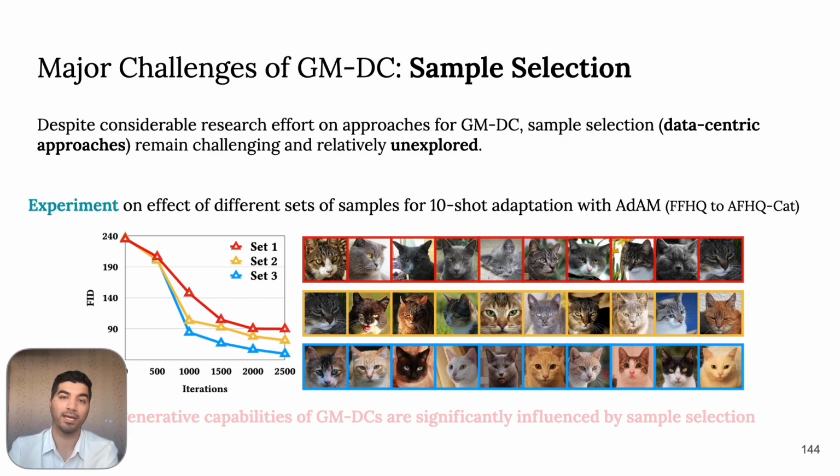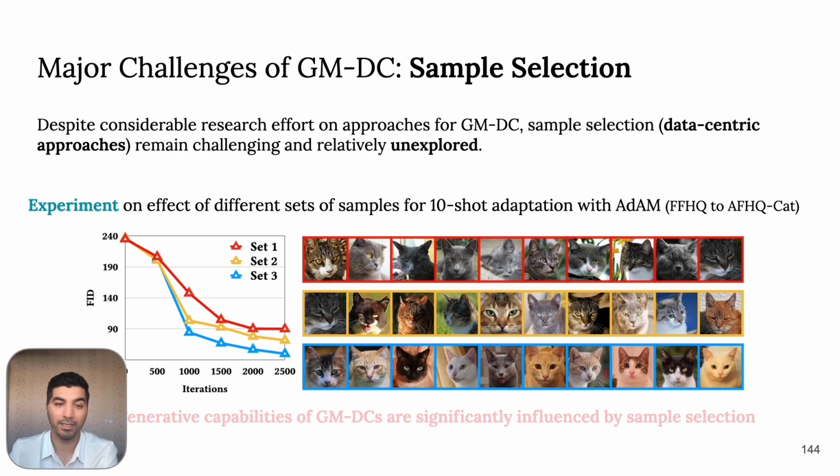Here we adapt a source generator trained on FFHQ to the target domain AFHQ cat using only 10 samples. For this adaptation, we use a state-of-the-art model. We performed this adaptation 3 times. The setup is exactly the same for each of these experiments, but for samples, we just randomly pick 10 samples from AFHQ cat as our training samples.